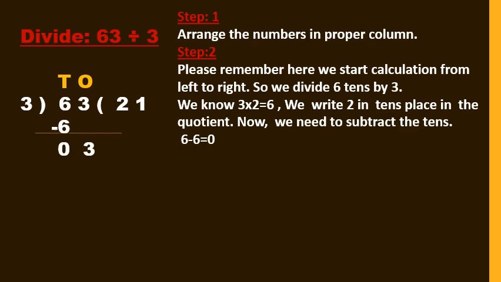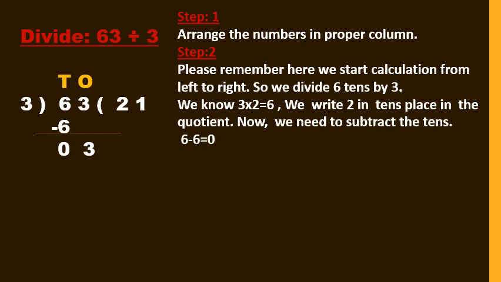So we are going to divide 6 tens by 3. Here 3 is the divisor, right? Now we will start reciting the table of 3. As we know that 3 2s are 6, so we are going to write 2 in tens place in the quotient. Quotient means the answer column, right?